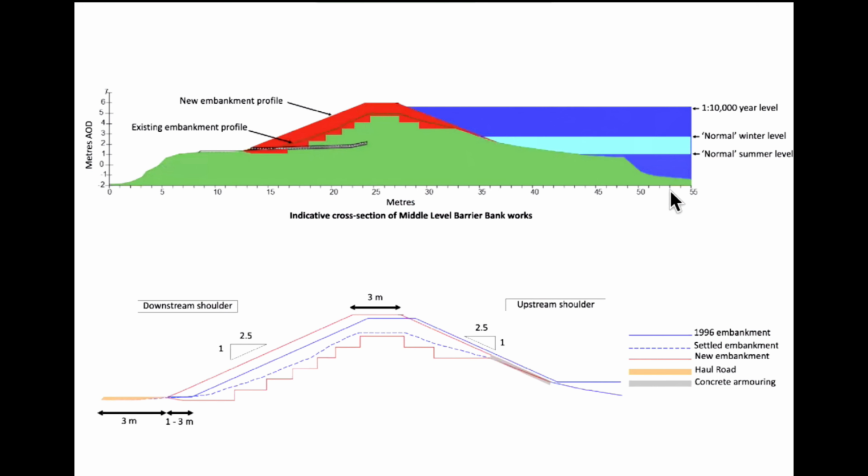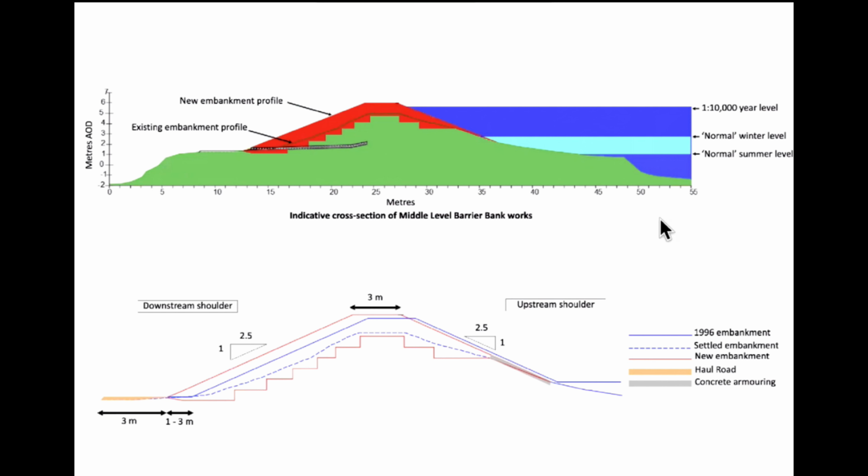The main purpose of the project was, as I said, to raise the Middle Level Barrier Bank. And in order to do this, as is shown on the cross section here, we had to cut steps into the embankment, import clay, place and compact the clay, put the topsoil back, and then grass seed the bank.